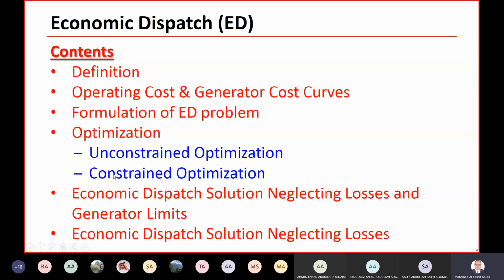We have two types of optimization problems. The problem can be unconstrained, and there is no limitation, no constraints. Just you have, for example, y equal to x squared.